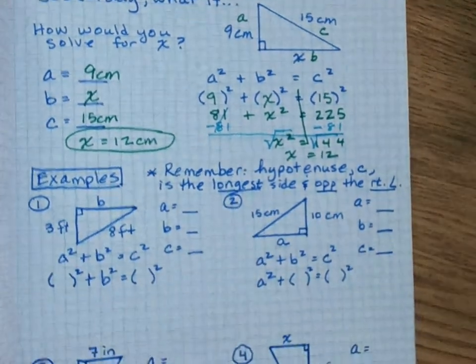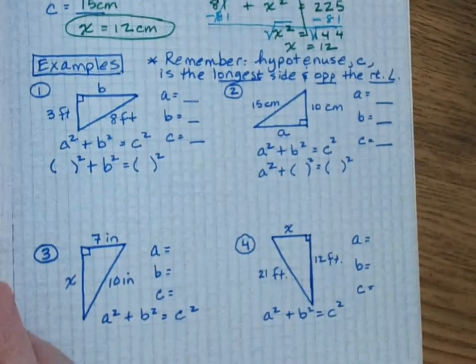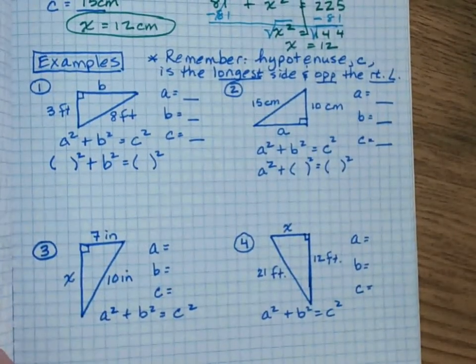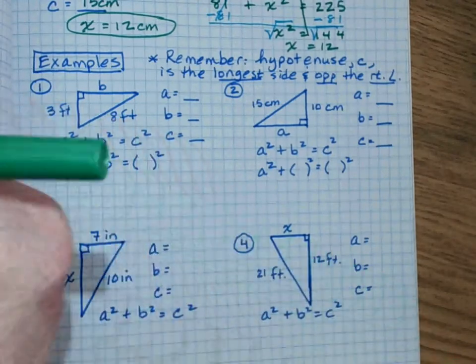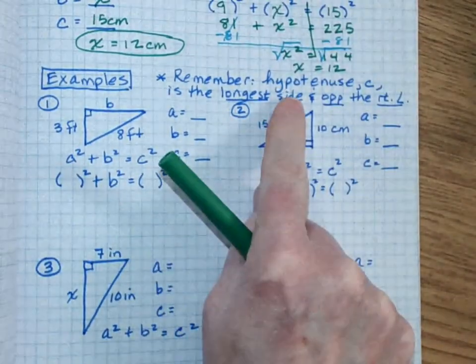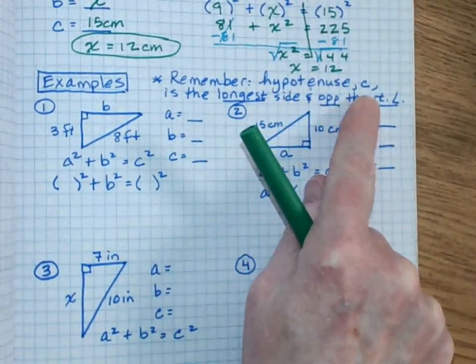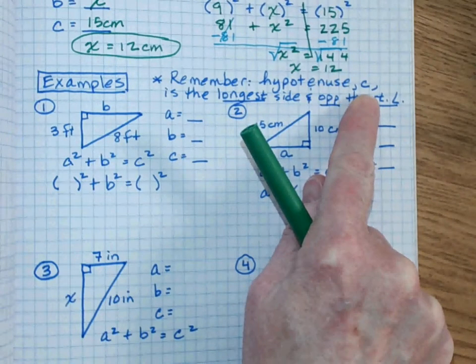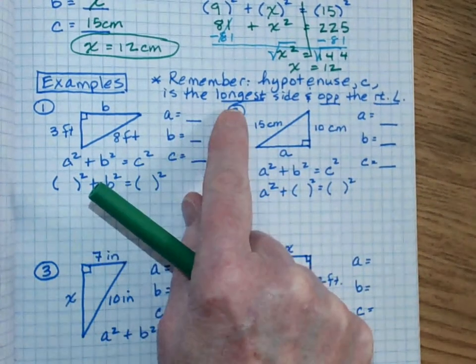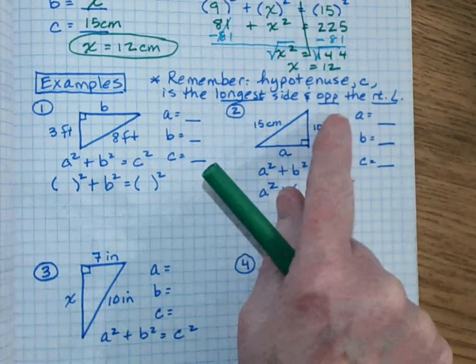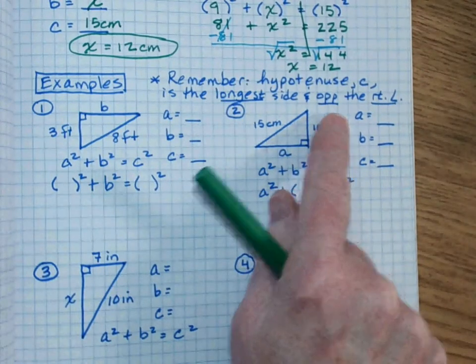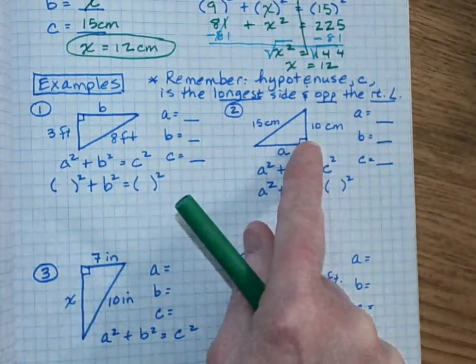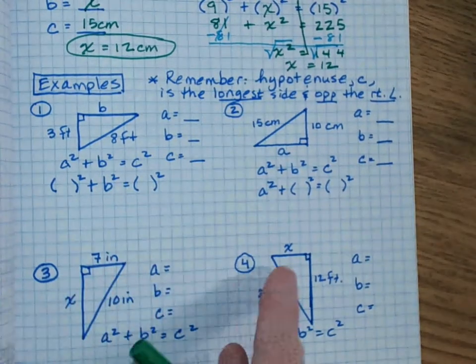Alright, so today all I'm going to do is do these 4 examples. As you're doing these examples, remember the hypotenuse, for which we use the letter C, is always the longest side, and it's opposite the right angle. In every one of these we've identified the right angle.